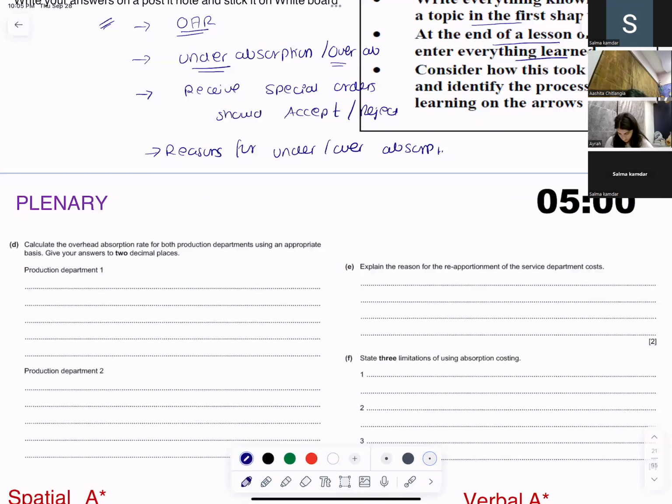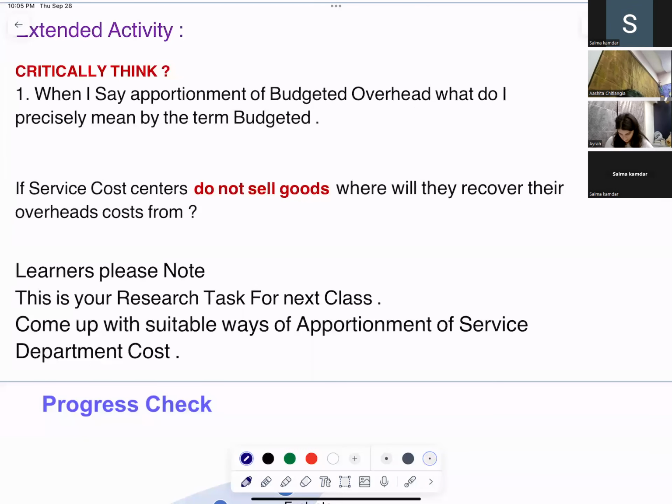When I say apportionment of budgeted overheads, what do I mean by the term budgeted? Can you tell me? No. When I say budgeted, it means estimated.